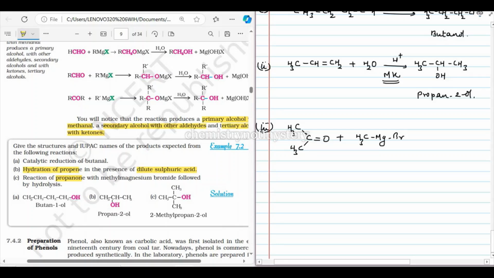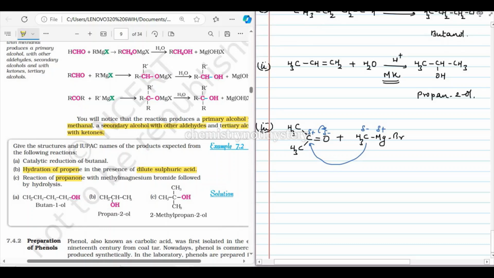And as we have discussed before, the magnesium will be electropositive, so the carbon attached to magnesium will become electronegative. And here this carbon is electropositive and oxygen is electronegative. So this alkyl group will get attached to the carbon.